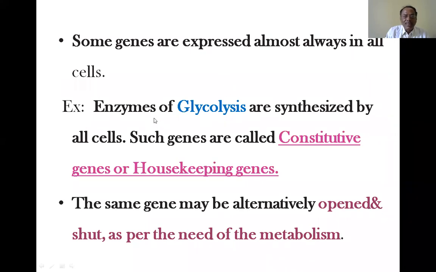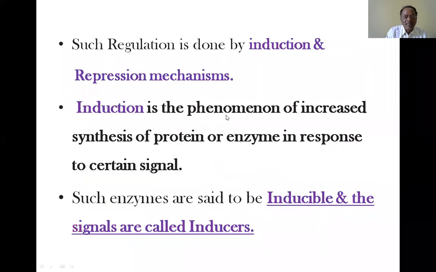So we have learned thoroughly in the previous class that there are two different kinds of genes. One are constitutive genes; all the time they are expressed. Another are repressed or induced, that is, inducible.